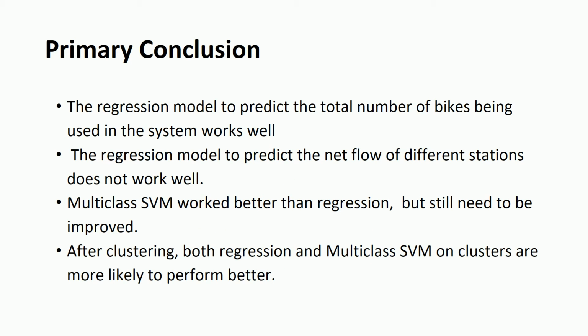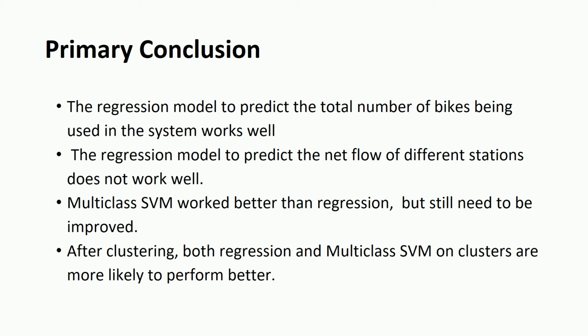In the end, the primary conclusions we achieve are: first, the multiple regression method to predict the total number of bikes being used in the system works well. Secondly, the regression model to predict the net flow of different stations does not work very well.